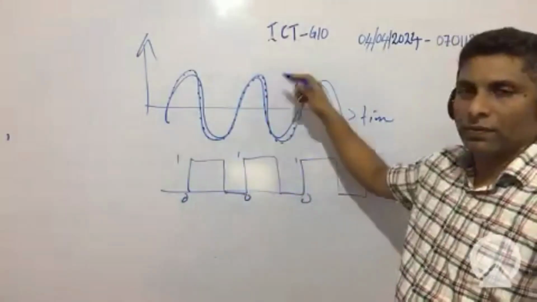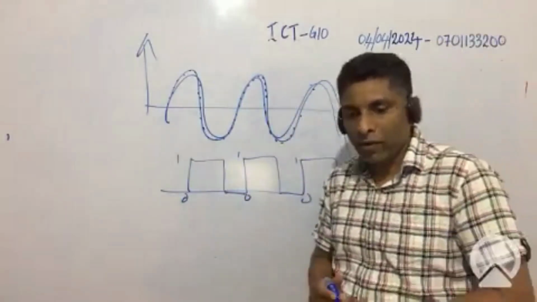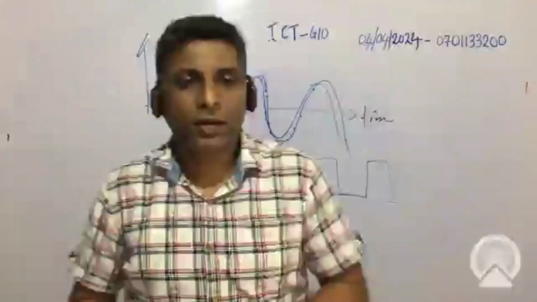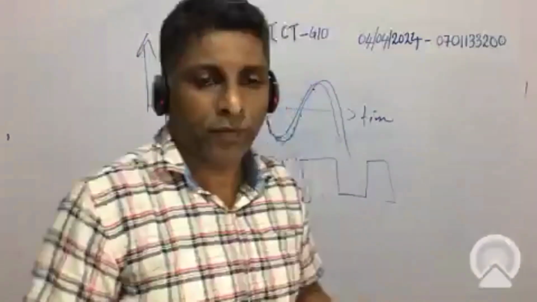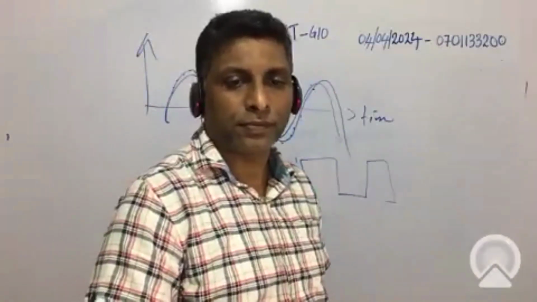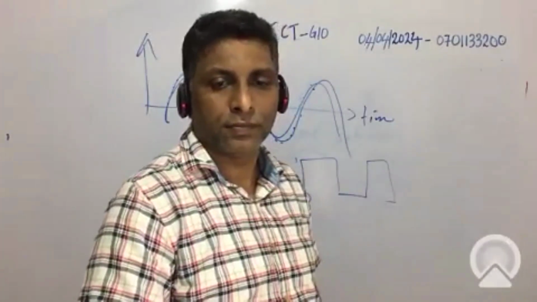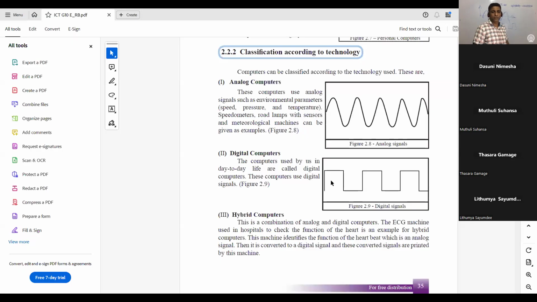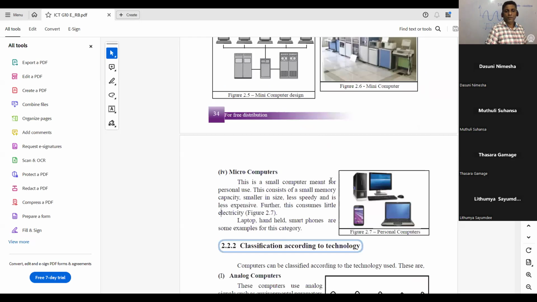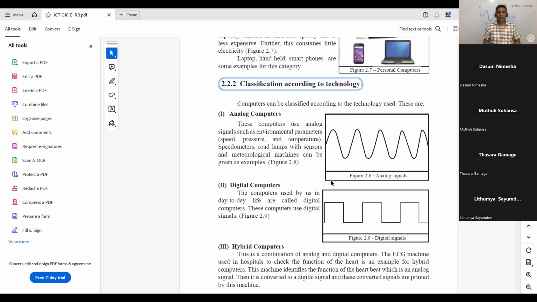So analog, right? What are the analog data? Tell me one analog data. So what are the analog signals? Speed. At a given time, we can measure the speed.